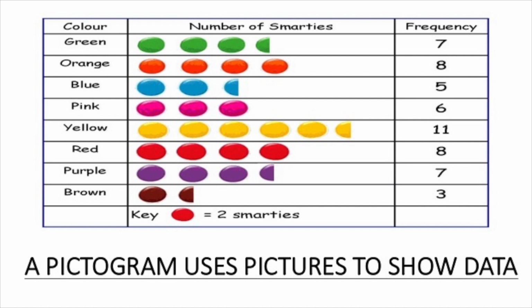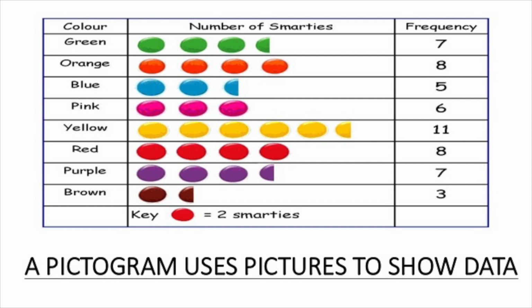You can see here, how many green Smarties? 1, 2, 3 and a half. But if each Smartie means 2, we have to count 2, 4, 6, 7. And how about the orange Smarties? 8. Because 1 Smartie means 2.